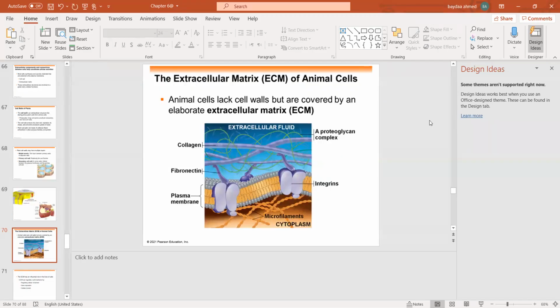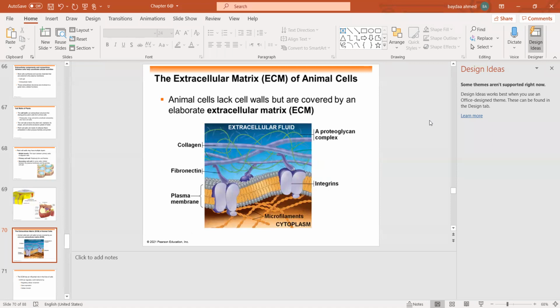Although animal cells lack walls akin to those of plant cells, they do have an elaborate extracellular matrix. The main ingredients of the extracellular matrix are glycoproteins and other carbohydrate-containing molecules secreted by the cells. Recall that glycoproteins are proteins with covalently bonded carbohydrates.